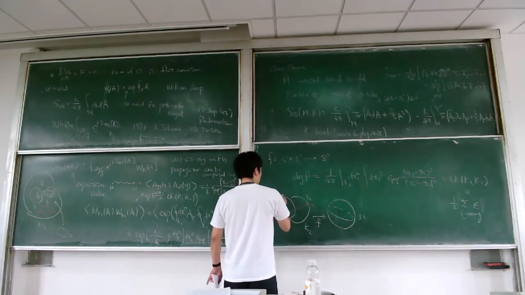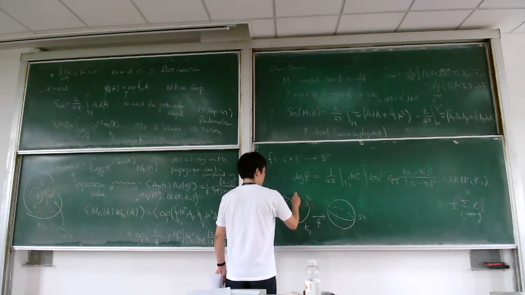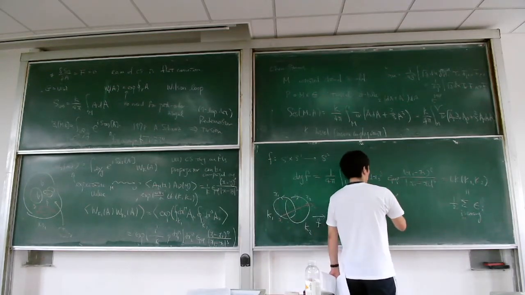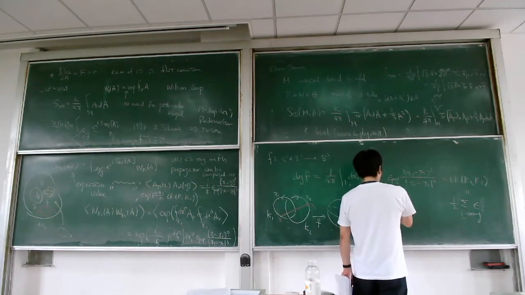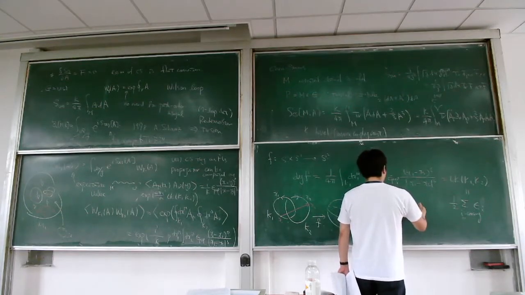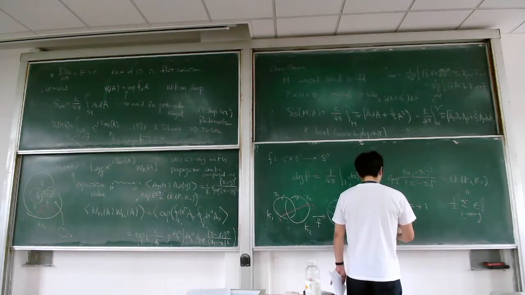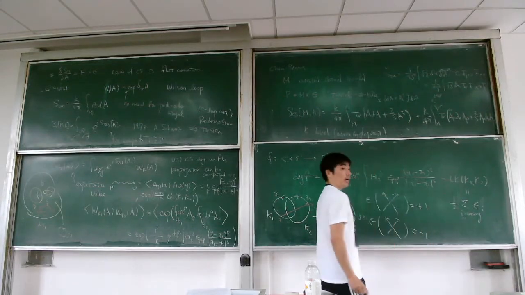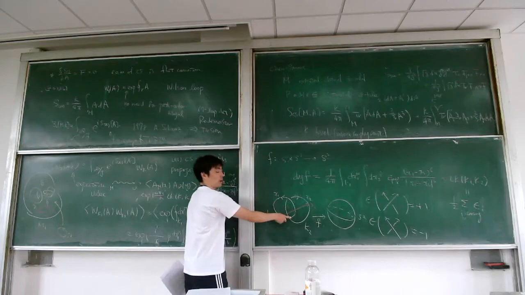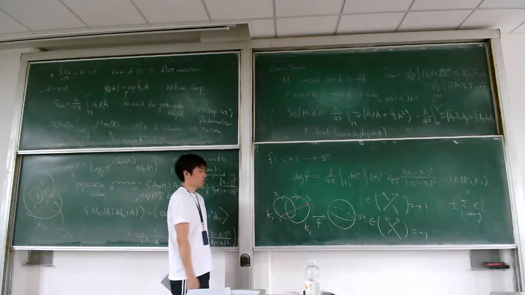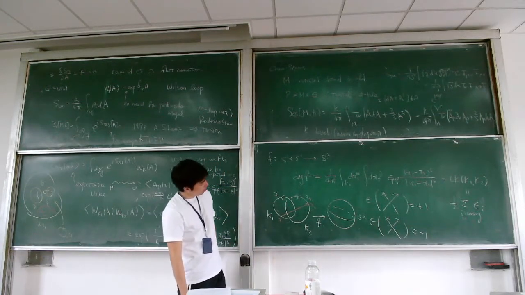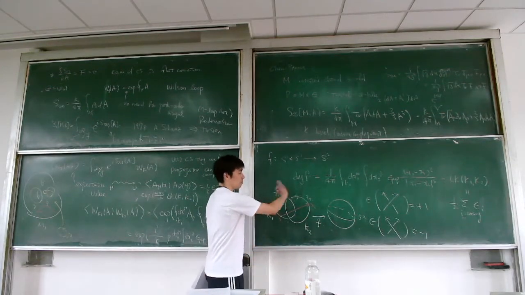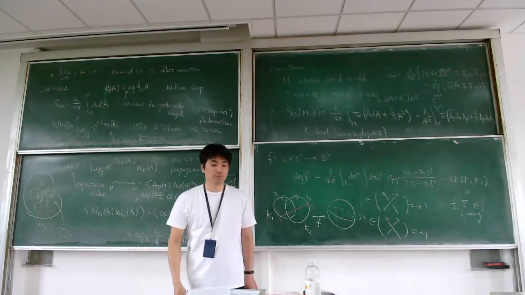If you have two links like this, you assign this one as a positive crossing and the negative crossing is the opposite. If you sum them up, you get the linking number. So in this example, you get the linking number -1.